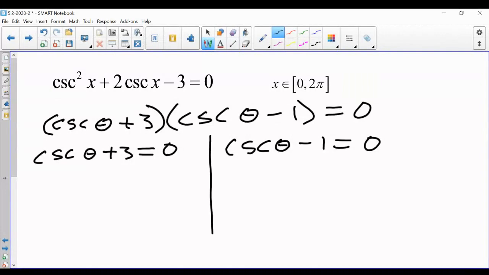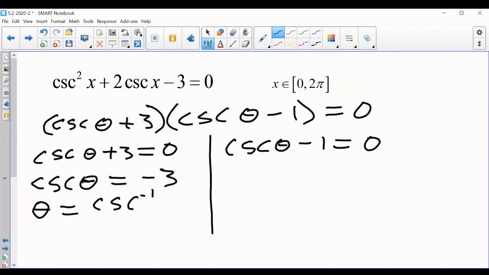Now we have to bring that 3 over to the other side. So the cosecant of theta is equal to minus 3. And then theta is equal to cosecant to the minus 1 of minus 3.